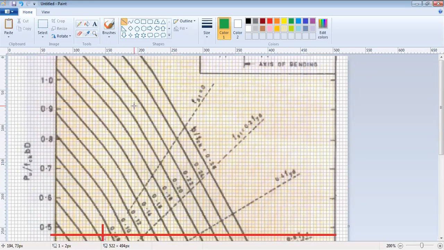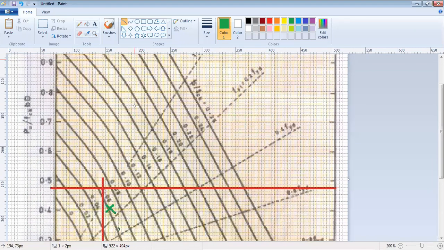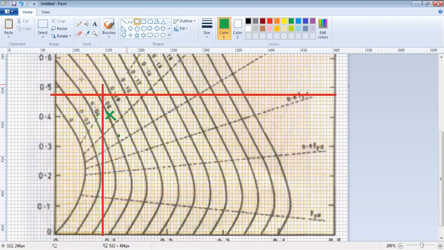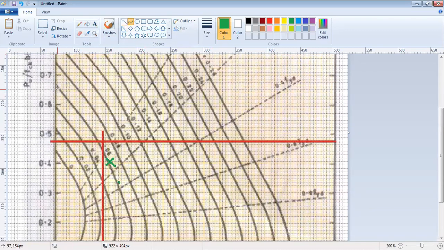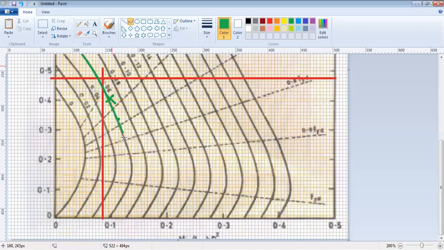They actually resemble the amount of eccentricity. If the strength of the sample is below this, for example, this is the curve that resembles the maximum limit to which you can go for design.